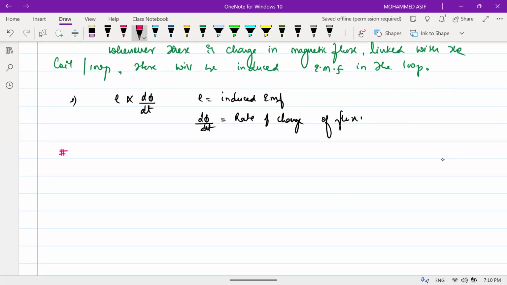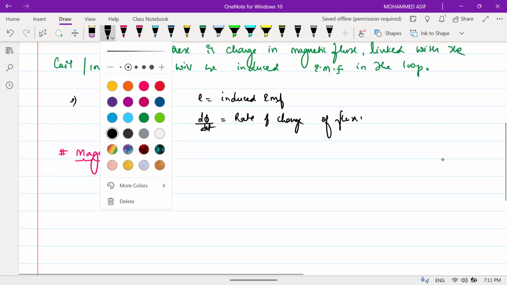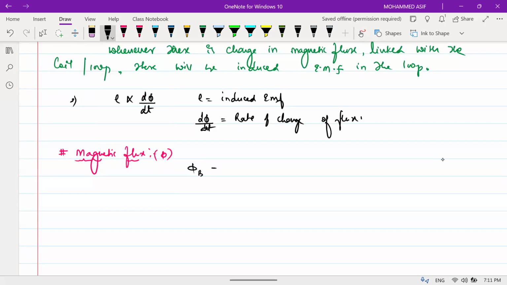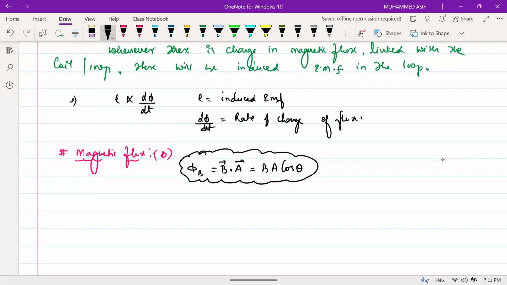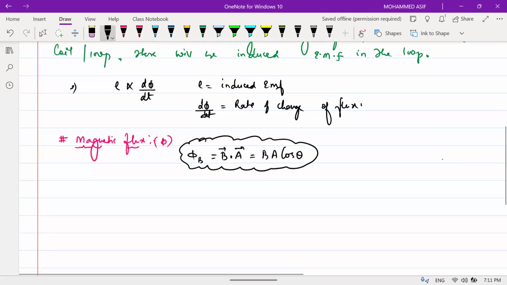Same like electric flux, we have here magnetic flux. Same, just in front of E, we are writing B. So magnetic flux is equal to B bar dot A bar. That is equal to BA cos theta. Flux is equal to how much? B bar dot A bar, BA cos theta.